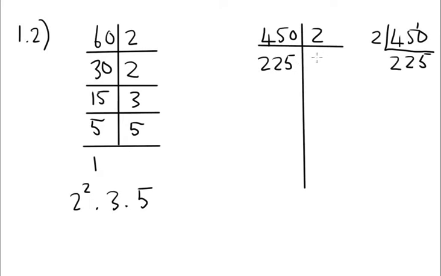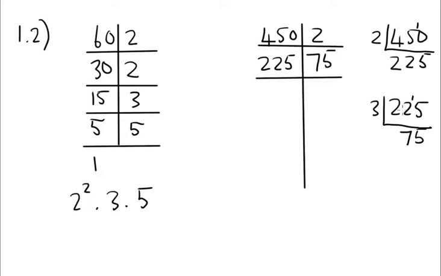With 225, we can try 3 and see if 3 works. 225 divided by 3. 2 divided by 3 doesn't go, but 22 divided by 3 gives us 7, and you're left with 1. 15 divided by 3 gives us 5. So we know that works, and that gives us 75.